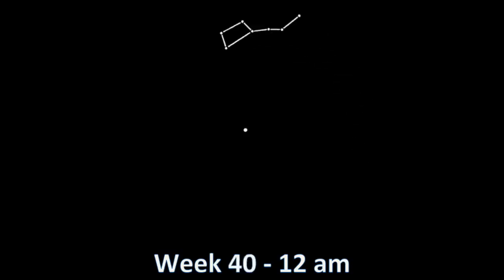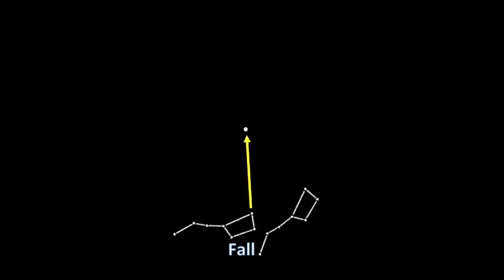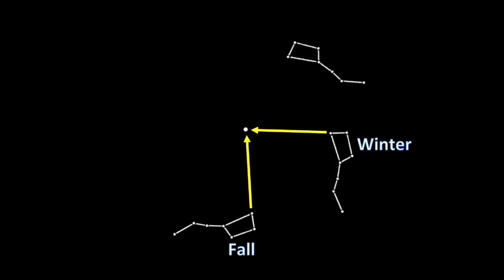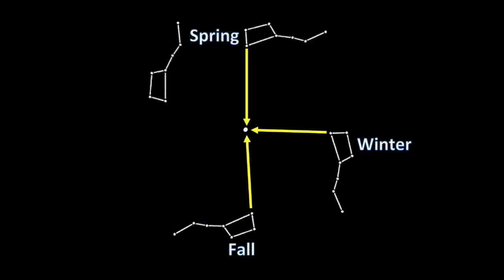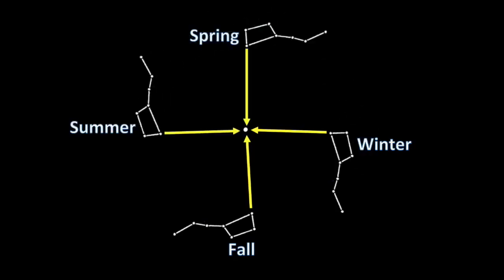This is how the constellations shift throughout the year. And this shift causes the constellations to be in a different spot throughout the year. And when this happens, you get fall, winter, spring, and summer. The 4 seasons. This symbol is an ancient symbol.